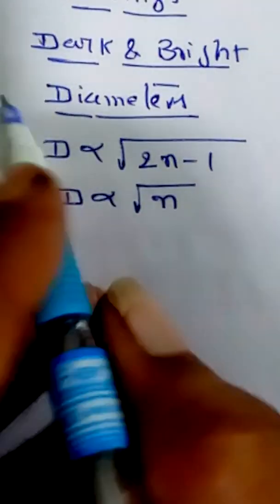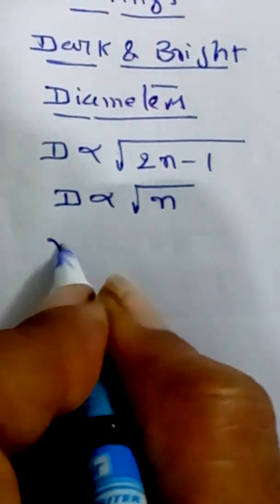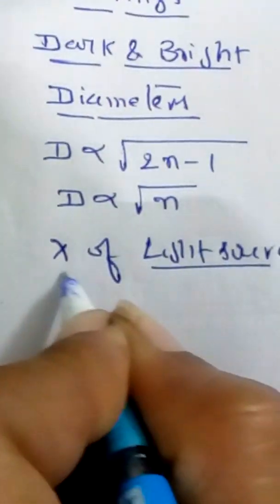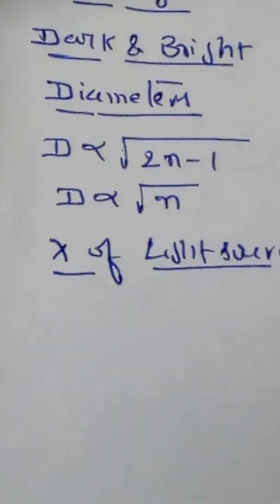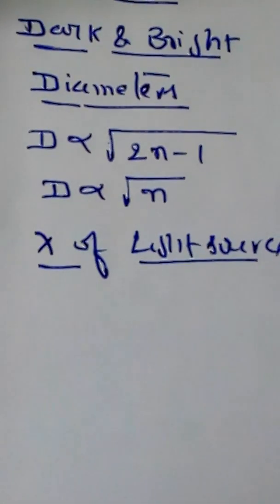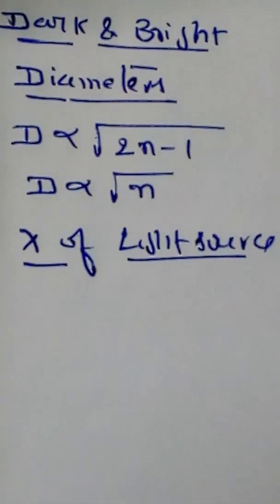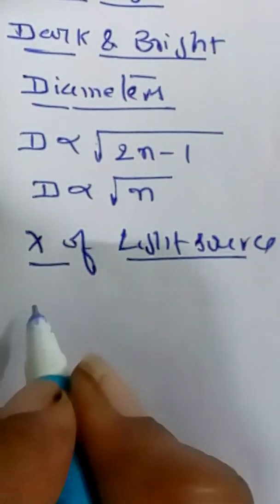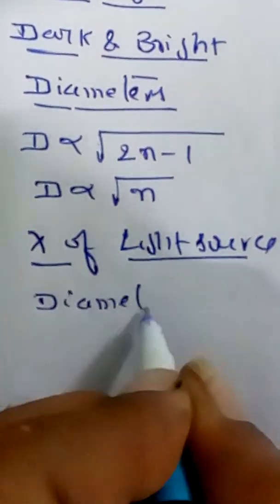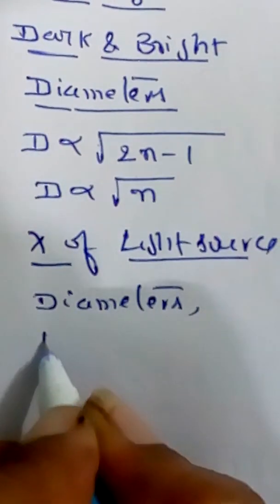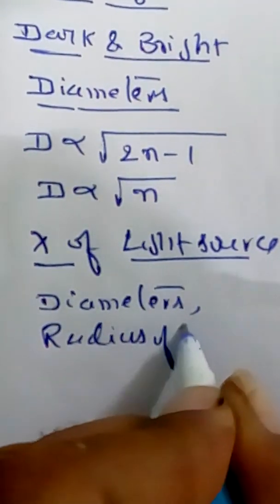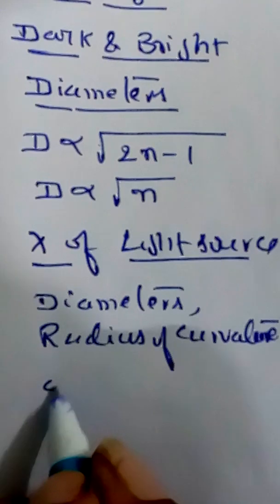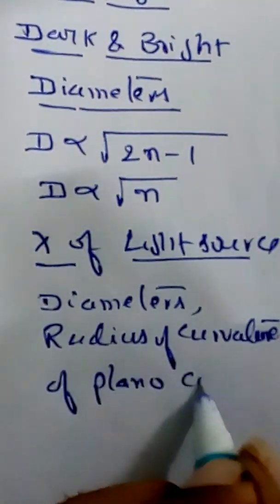Now using the diameters, we can find the wavelength of a light source. With the help of the diameter formulae, we can measure the wavelength of a light source by knowing the rings, along with the diameters, we need to know the radius of curvature of the plano-convex lens we are using.